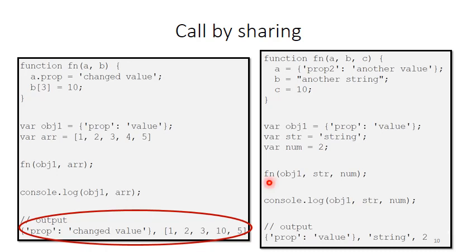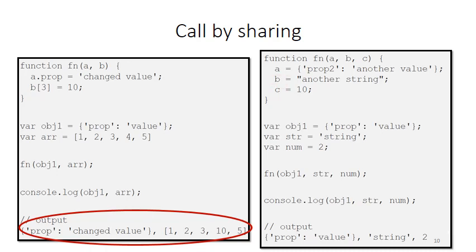Then we are calling the function fn and we are passing obj1, str and num as the actual parameters. Now within the body of the function, we are reassigning the value of obj1. Notice the difference. Here we are using the property of the object and we are mutating it. However, here we are reassigning the value of the object, and this type of reassignment will not work. This will not get reflected back in the caller.